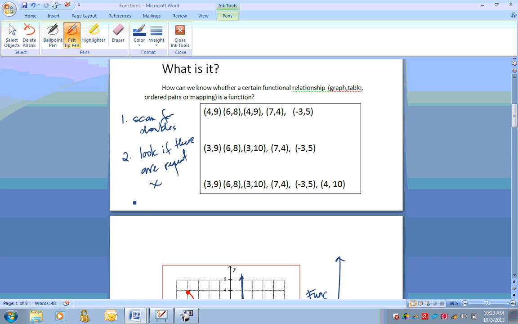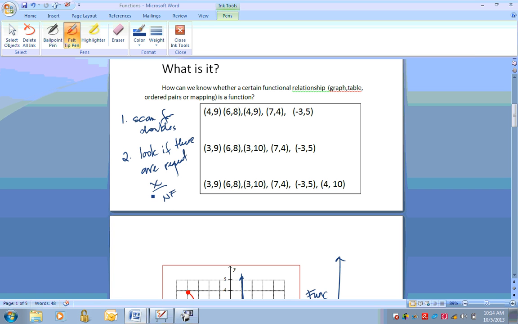If the x's still repeat after you've scanned for doubles and erased one of them, that means it's not a function. Okay? So again, scan for doubles, then look for repeating x's. If you see any repeating x's after that, not a function. If you don't see a repeating x after scanning, it's a function. Again, notice I never mentioned anything about y.